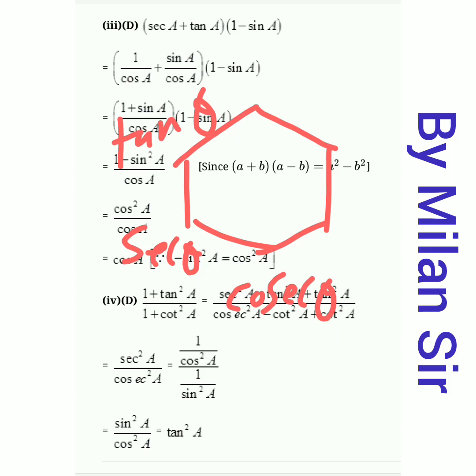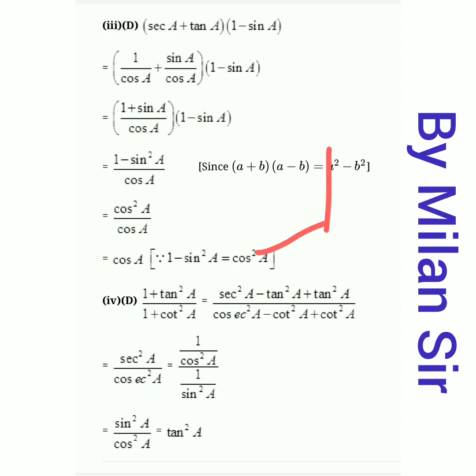Means if you want to find tan theta, then go anti-clockwise, so sec theta upon cosec theta. Here sec upon cosec is there, so it is the formula of tan theta. I explained this thing in my trigonometry part 3. Okay, so our final answer is tan square A, option D.